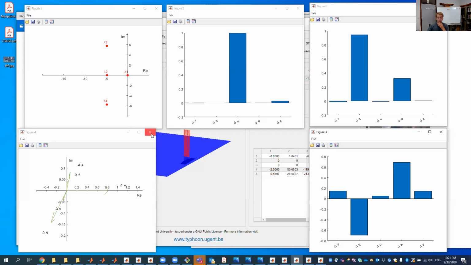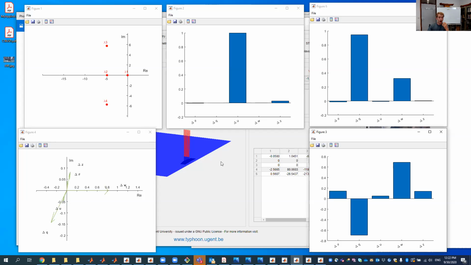For a more detailed analysis, I suggest you get your own designs in there and see how certain design changes might affect your design. For example, one of the things which I've already tried is if you put this elevator, so your rudder, which actually makes sure that your boat is stable, a lot more forward, we'll see that this eigenvalue and these two will move to the positive real side, meaning that it becomes dynamically unstable, which is again something we would expect, which we can now really see in the results of this dynamic stability analysis.